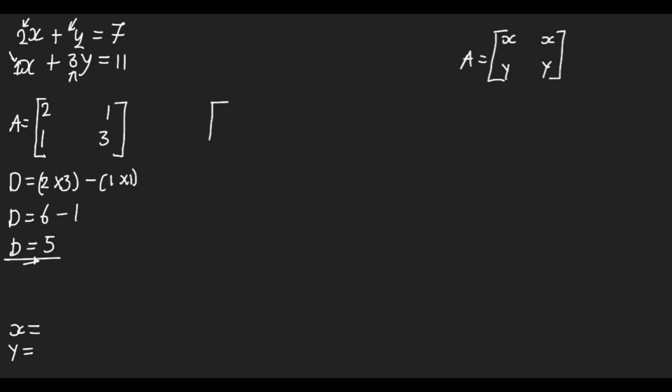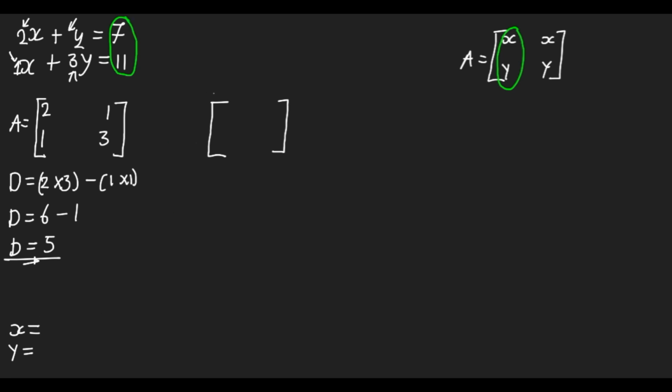Now, it depends on the one that you want to begin with. So if you are finding the value of x, the first column must be substituted with these two numbers, 7 and 11.